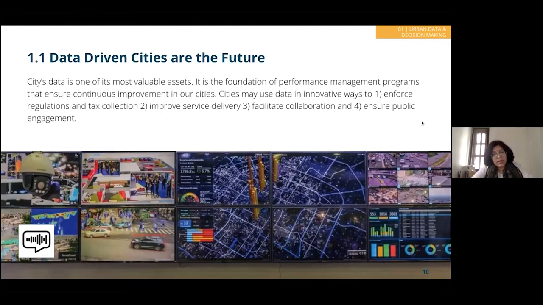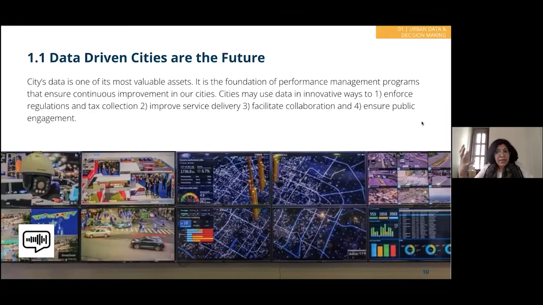Third, it is also becoming important to facilitate collaboration. So we have multiple departments in the city. We have the transport department, we have the streets department, parks, gardens. And if we have a framework for data-based collaboration and working, then data also helps facilitate collaboration.